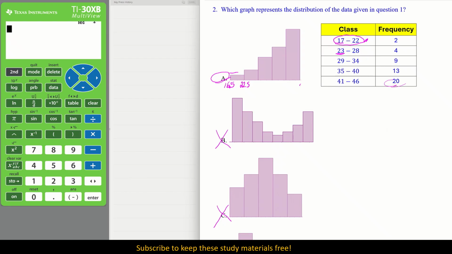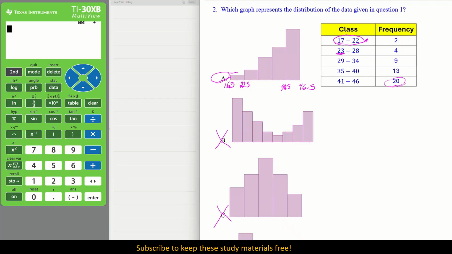So this last one would be the 46.5, and this would be the 40.5 here. So that would be your length of 5 in there. So any value of 40 to 46 would go in that class. So it catches it all.